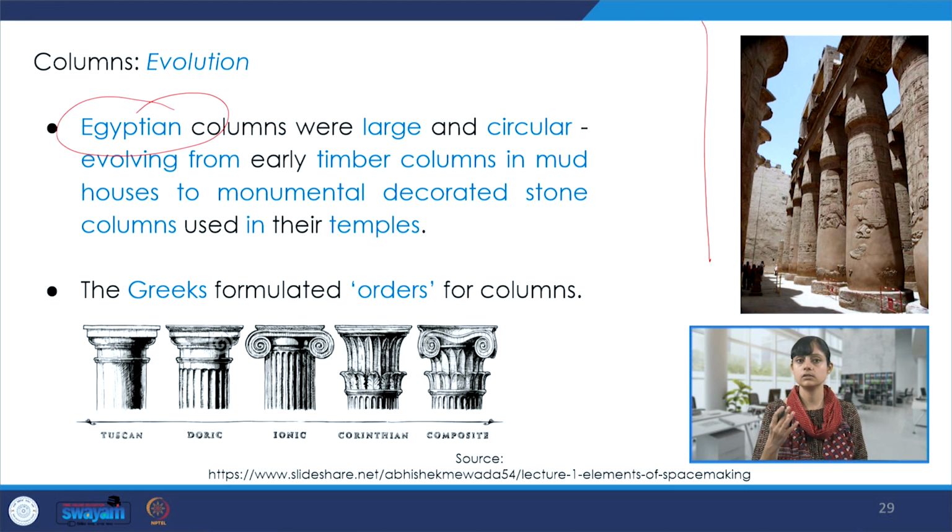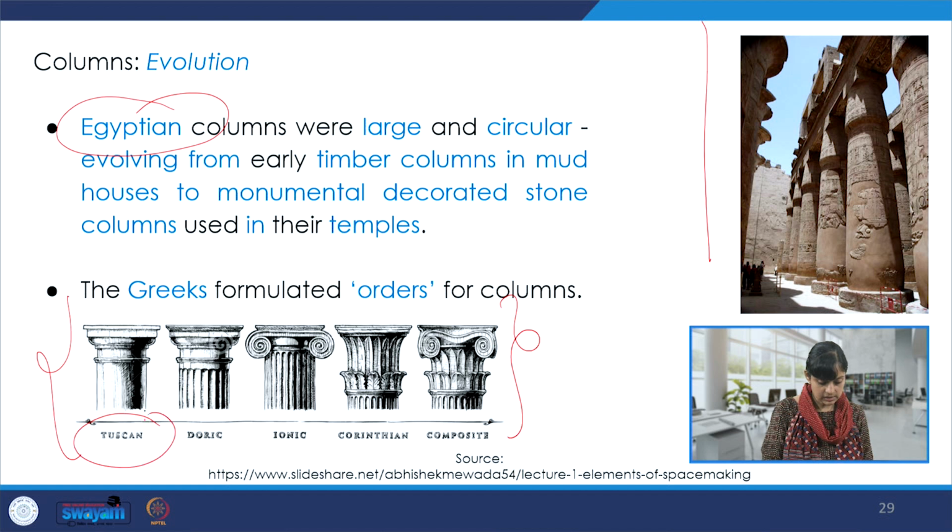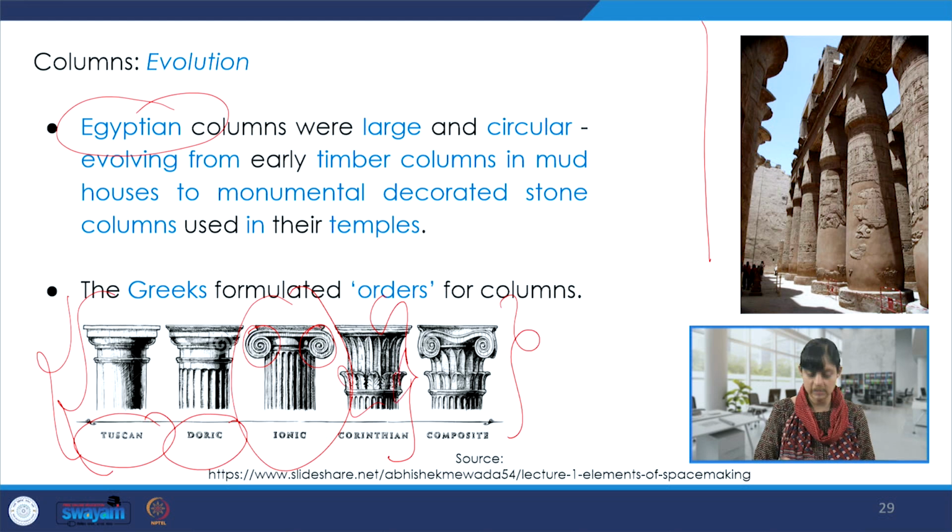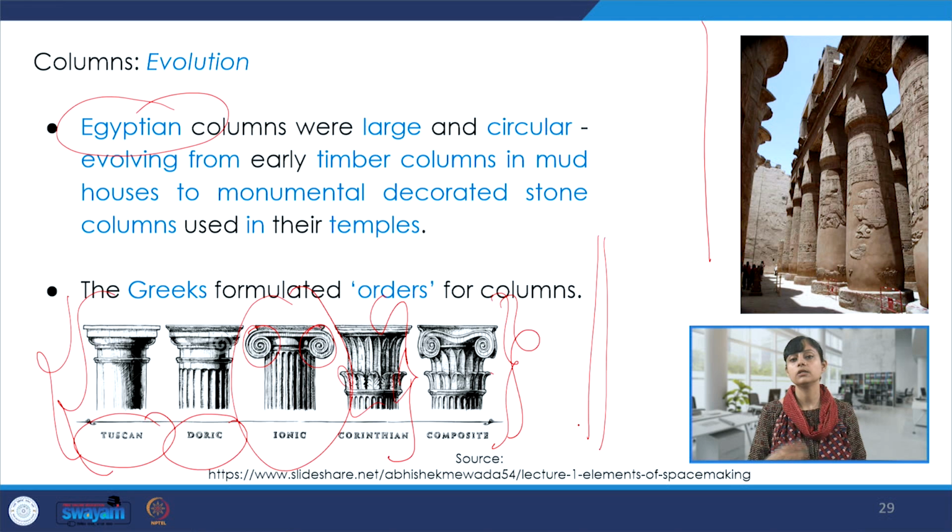Now the Greeks formulated orders for columns, and they are known for this very famous classification, where we see a Tuscan column, a Doric order column. This one is Ionic, with these kinds of scrolls added. This one is a Corinthian with lots of foliage and details, and this is a composite one. So we see the role and applications of these orders that the Greeks formulated.